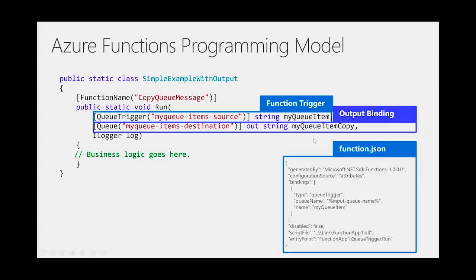And if you look at function.json, that defines a bit of metadata of how these functions are defined, including the details of where your queue is, what your queue name is, and the SDK sample.